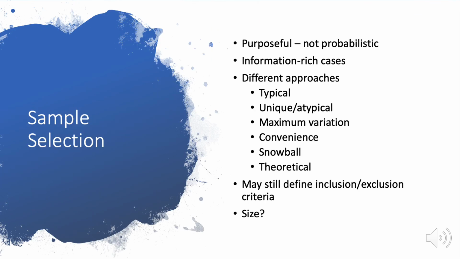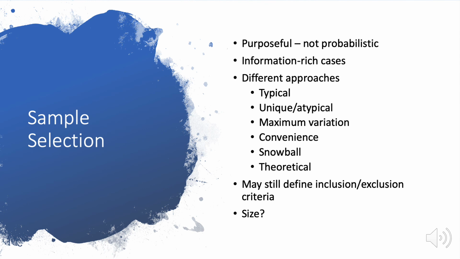And as we touched on last week, very important also, in addition to choosing your data collection approach, is to choose a purposeful sample. It is not probabilistic like it is in quantitative research. So you're often seeking out information-rich cases, cases that will give you a lot of information about what your research question is. And there are a number of different types.